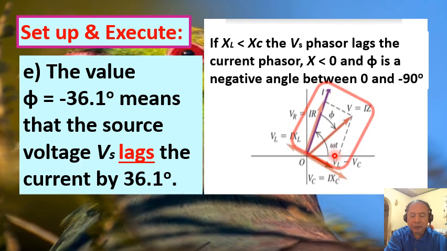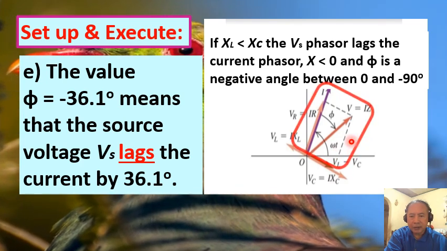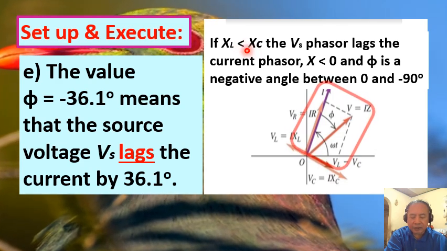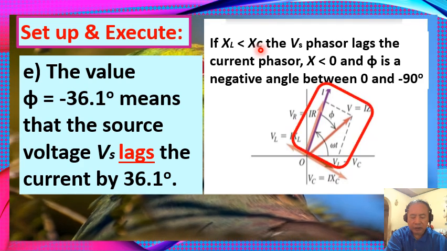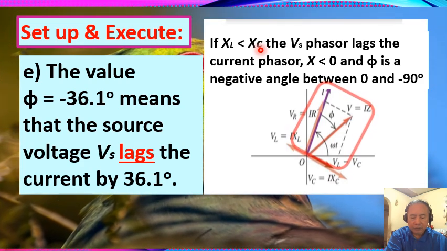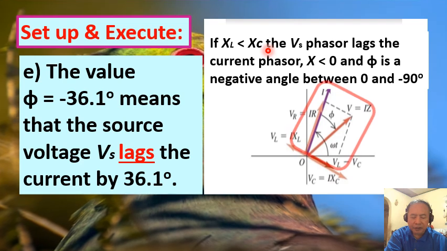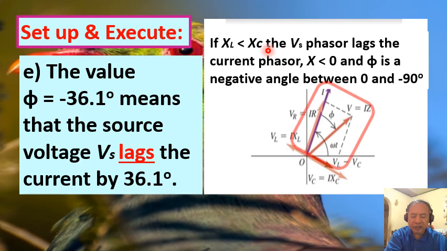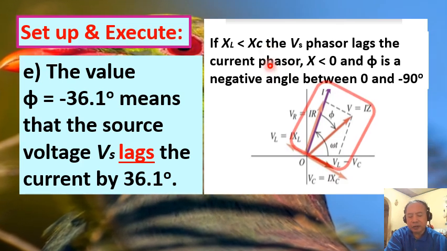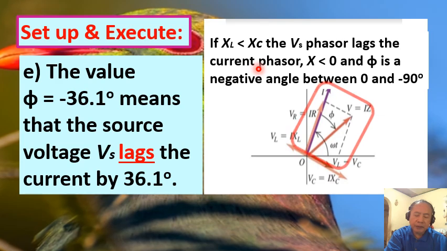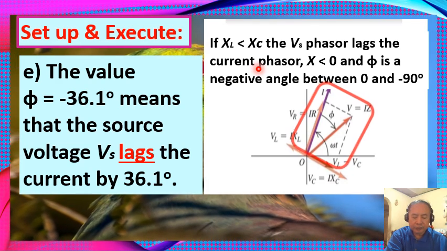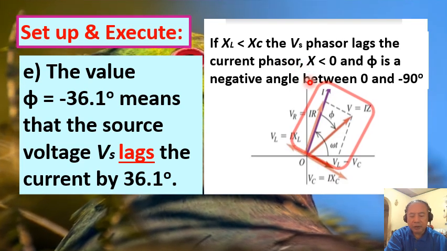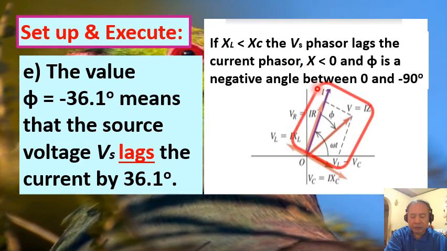Here, the inductive reactance X of L is less than the capacitive reactance X of C. The computed phase angle phi, which is negative 36.1 degrees, suggests that the source voltage, or V sub S, is 36.1 degrees measured clockwise from the current phasor.